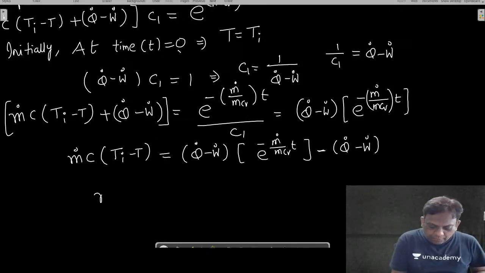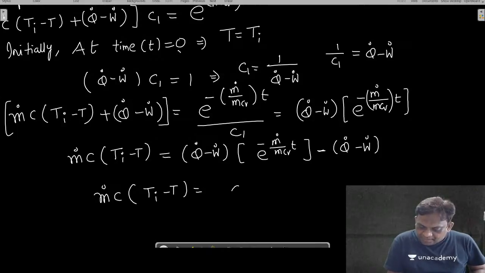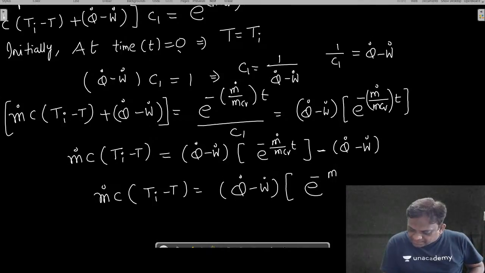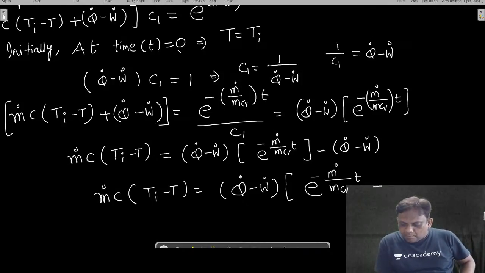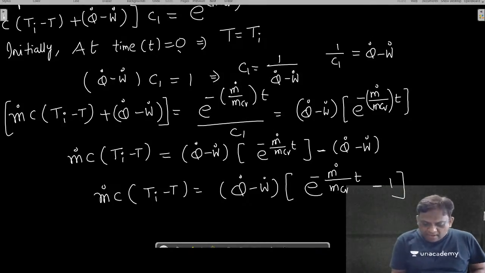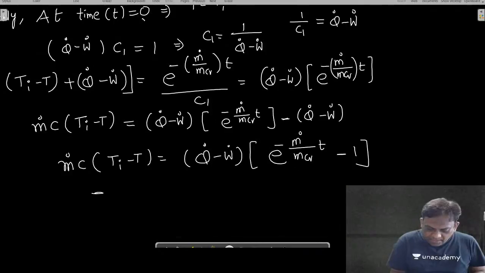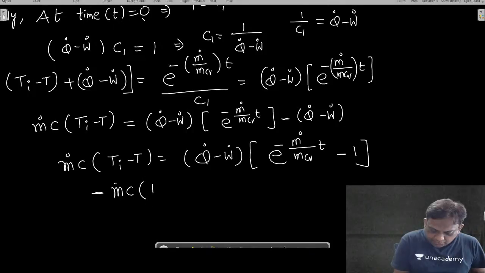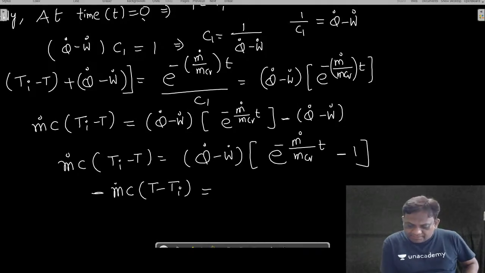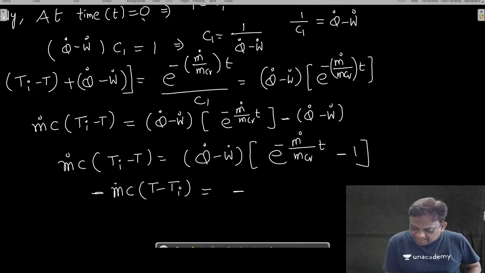So m dot C into Ti minus T is equal to Q dot minus W dot, take common, into e power minus m dot by mCV into t, okay. We took this common, minus 1. Now we will take minus common because I need T. If I take minus common, what do I get? m dot C into T minus Ti, I have taken minus common, is equal to, take minus common from here also, so what will happen?